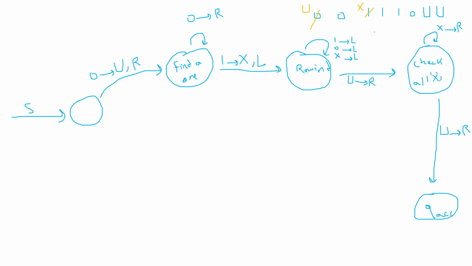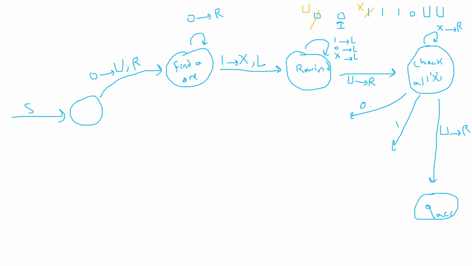Okay, great. Now what? Well, we are currently over here, if you remember, there are no X's to check at this point. So it's not all X's, but it is a 0. So in this scenario, if I read a 0, what should I do? There are two cases: when you rewind it to the beginning, then you look for the next element, it's either going to be a 0 or a 1.